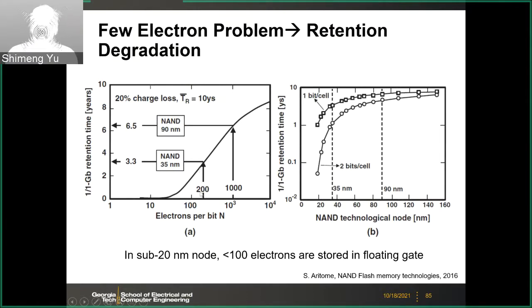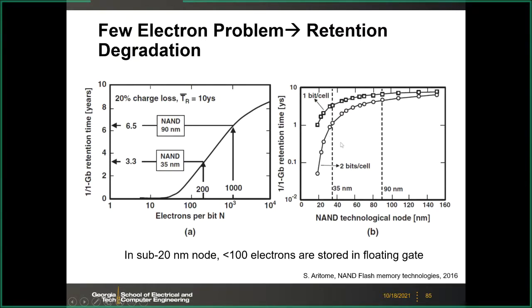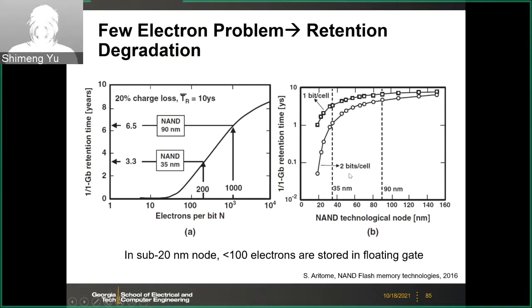Since we only have 200 electrons in the 35 nanometer node, the retention time is reduced to like 3.3 years. For the multi-bit cell, we will have even worse retention time due to the less margin between the levels. So we have to distinguish like 10 electrons versus 20 electrons versus 30 electrons in the floating gate.